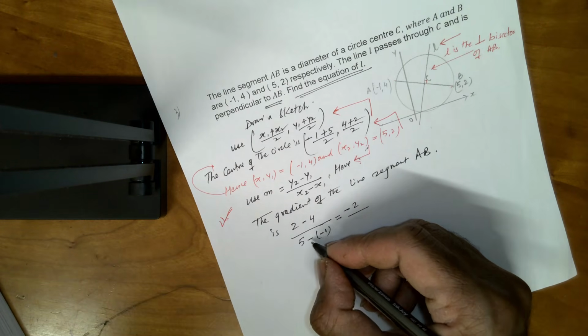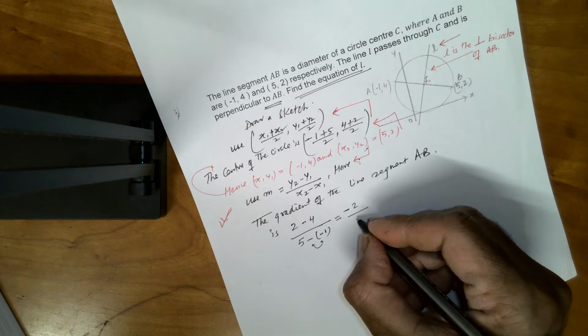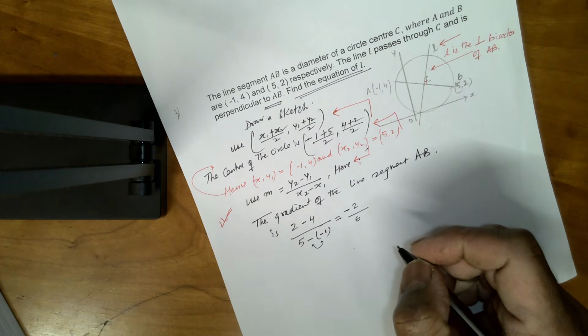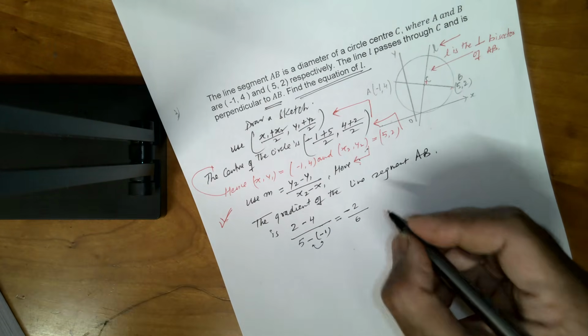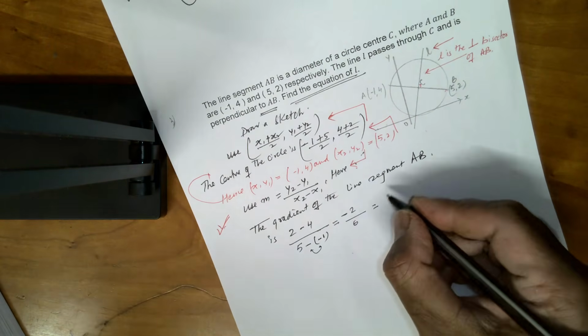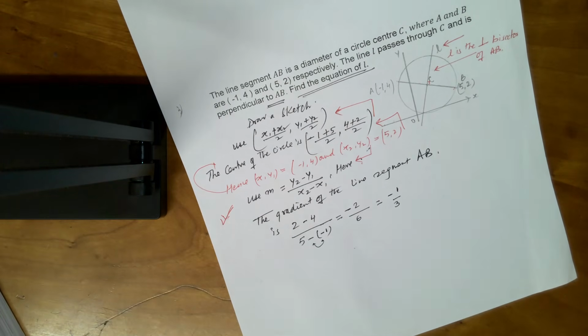Plus. Don't forget this, and that will be your 6. 5 plus 1, 6. Solve further will give you minus 1 over 3. So this is what we got, the gradient of the line segment AB.